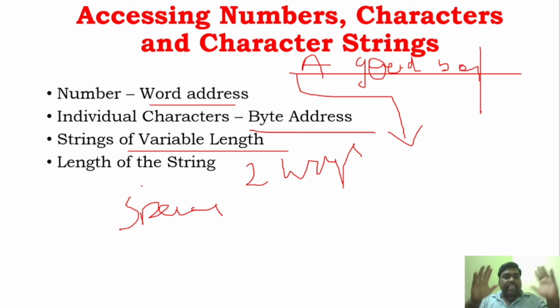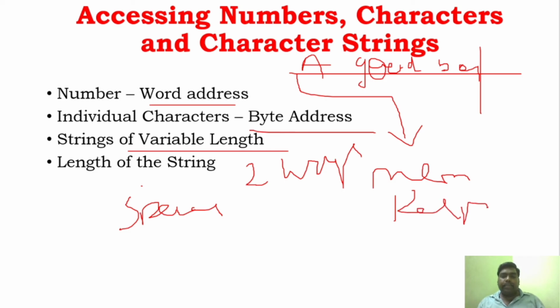Or we can use a specific memory location or a register with a number indicating the length of the string. So the length of the string can be represented using a special character, or a memory location or register holding the length.